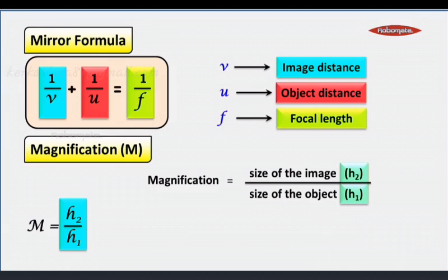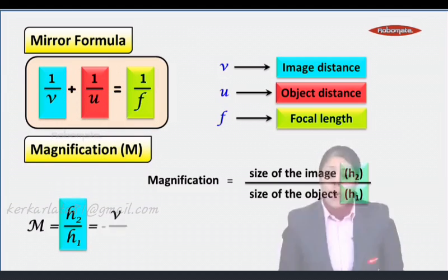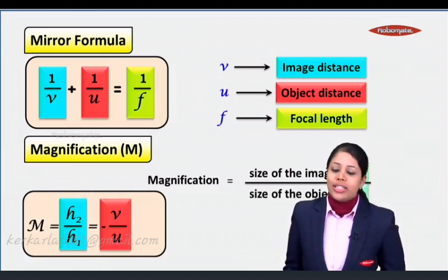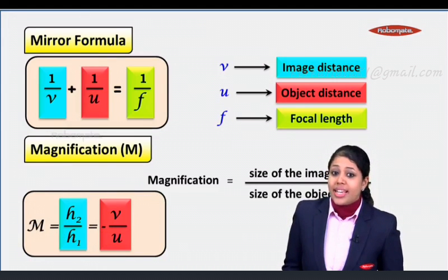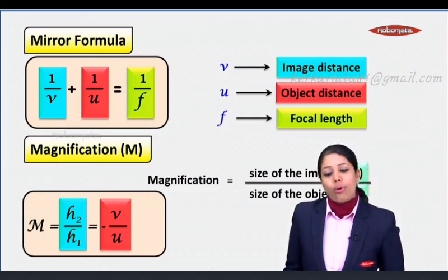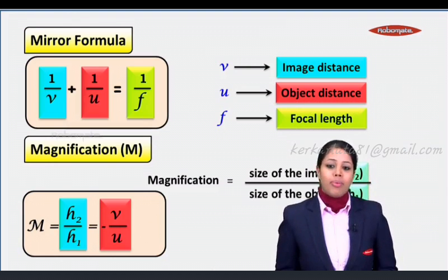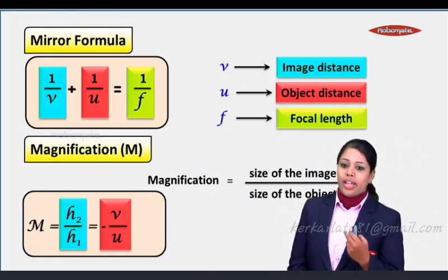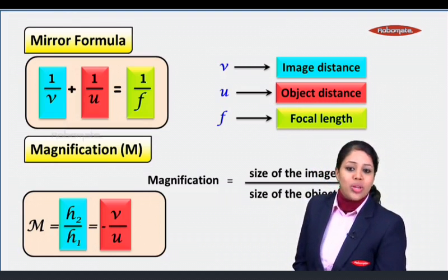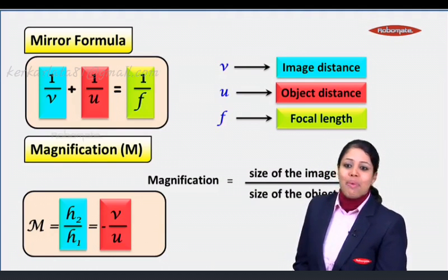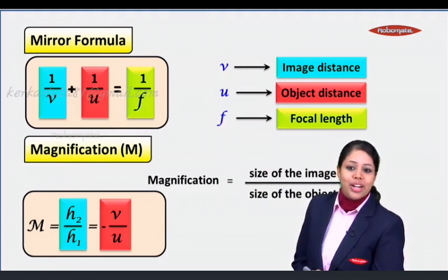So the formula can also be M = h'/h, which is also equal to minus v upon u, that is minus image distance upon object distance. So the formula is M = h2/h1 = -v/u. That is the magnification formula and the mirror formula.